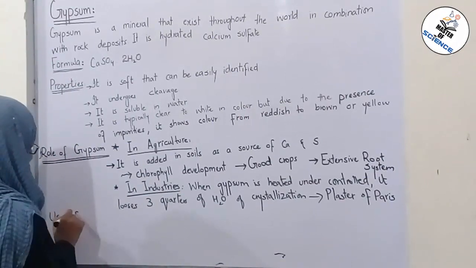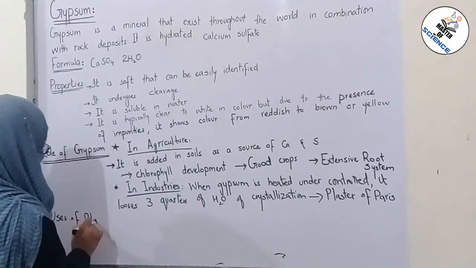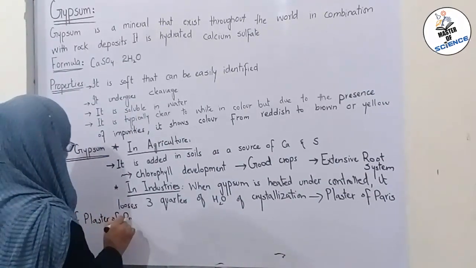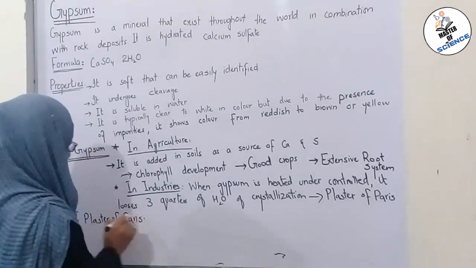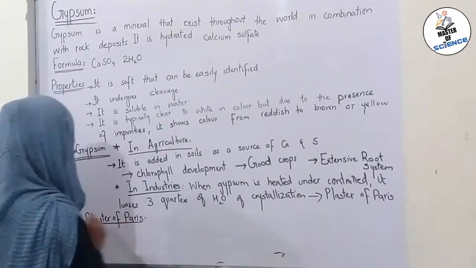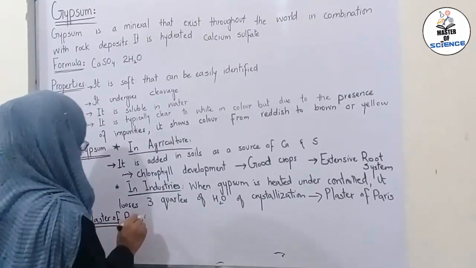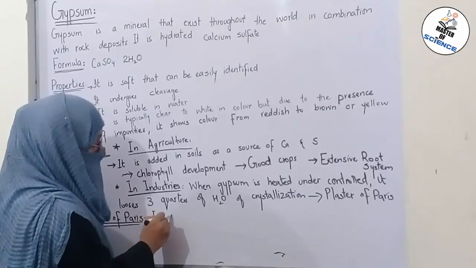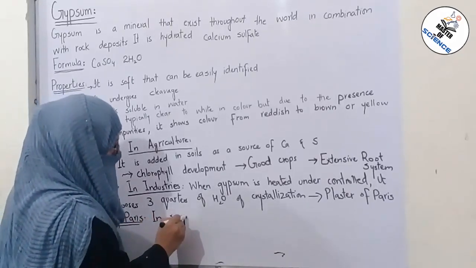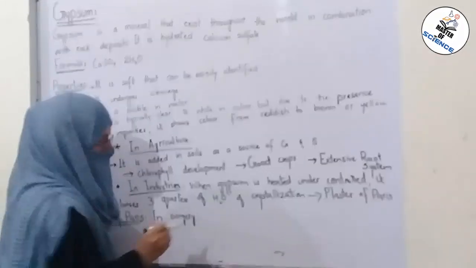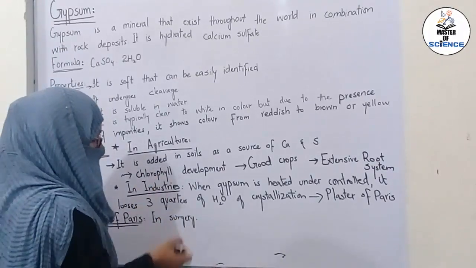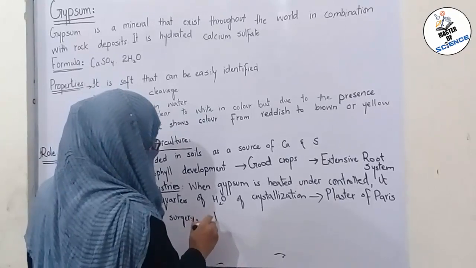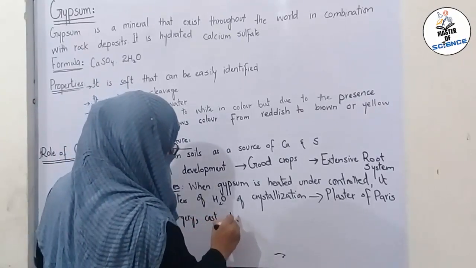Uses of plaster of Paris. Plaster of Paris is used, first of all, in surgery. Second point is that it is used in cast statuary.